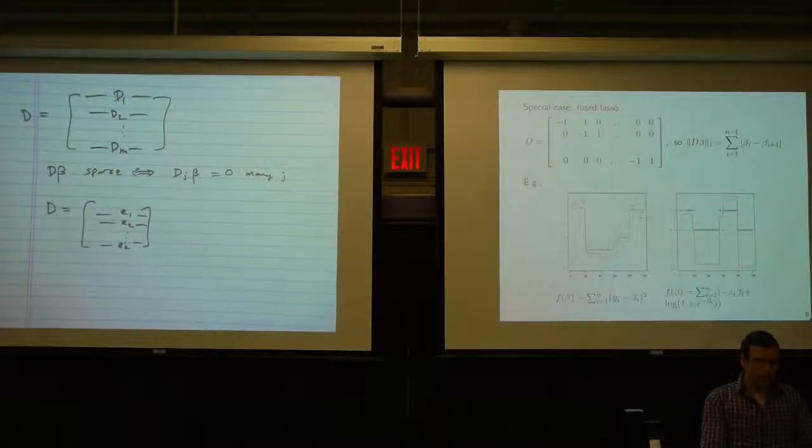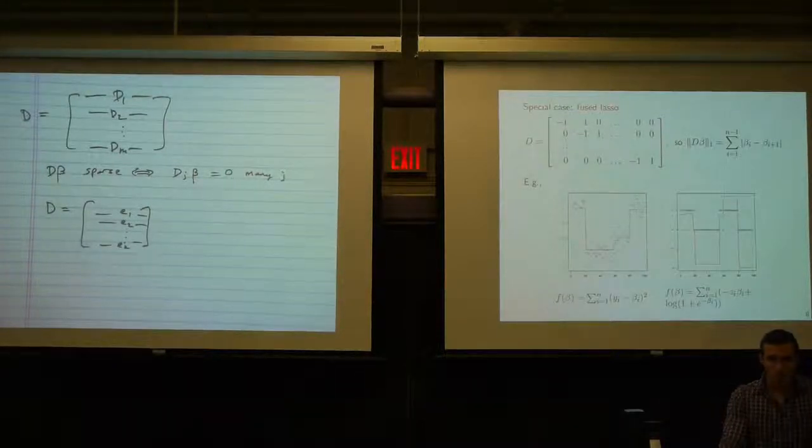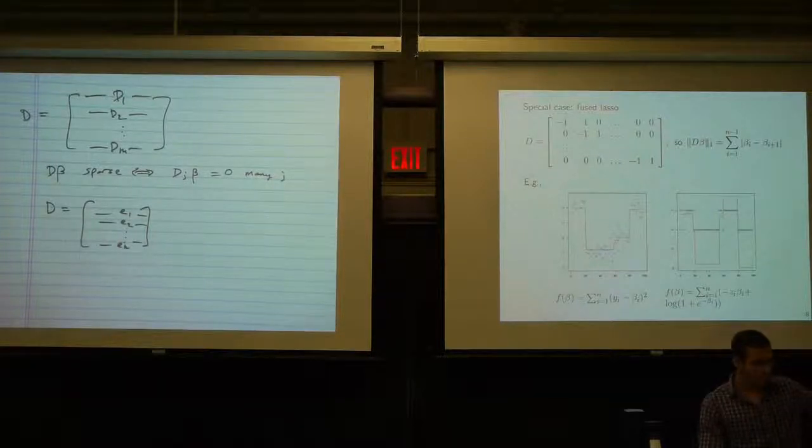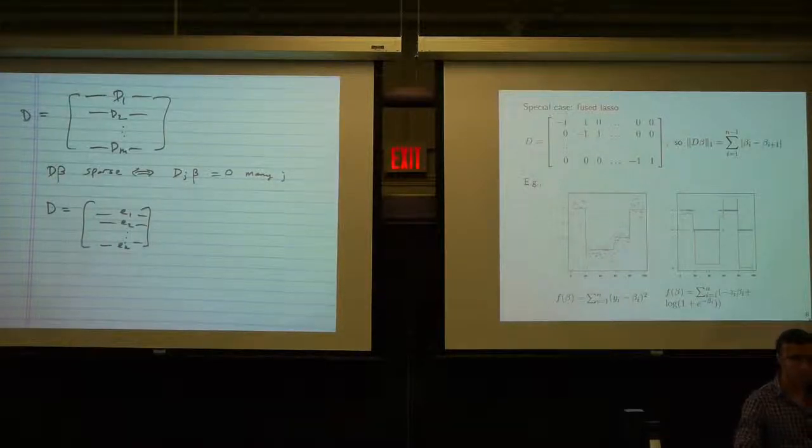So here are some examples. You guys saw this example on your homework, an example of this penalty. I can't remember whether we talked about it in class yet, but you at least saw it on your homework. Sometimes we refer to this problem as the fused lasso. If I choose D to have a -1 and a 1 in each row, then saying that D beta is sparse with respect to these rows means that most pairwise differences of components of beta are 0.